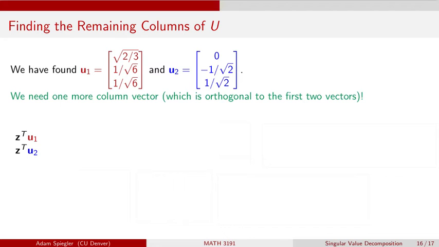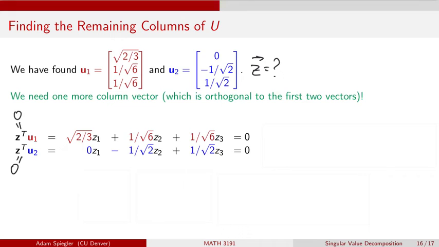I'm going to call this third vector that we're trying to find Z. Whatever this vector Z is, when I take the dot product with U1, we should get 0. When I take the dot product with U2, I should also get 0, because Z needs to be orthogonal to those first 2 vectors.